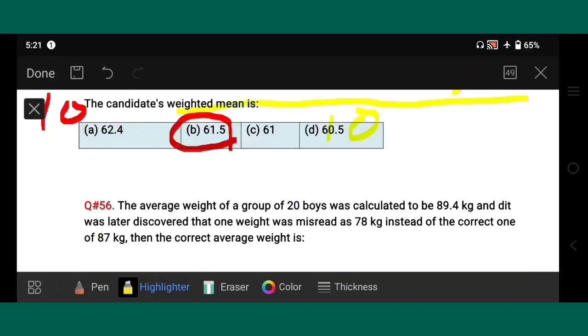Question number 56. The average weight of a group of 20 boys was calculated to be 89.4 kg, and it was later discovered that one weight was misread as 78 kg instead of the correct one of 87 kg.